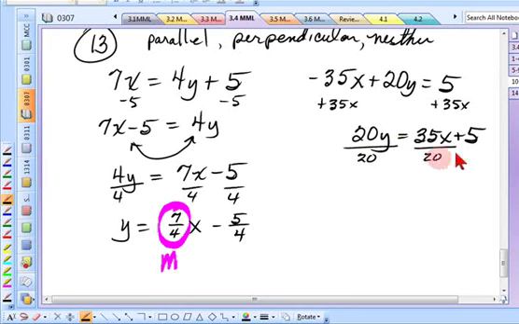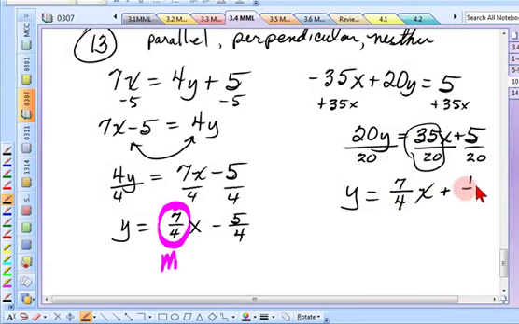Y is equal to the coefficient of x, which is 35 over 20. Can that be reduced? 5 goes into 35 7 times. 5 goes into 20 4 times. So that's 7/4 x plus, reduce again, 5 goes in there once, goes in the bottom 4 times.